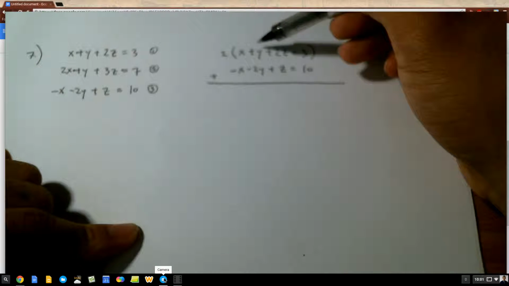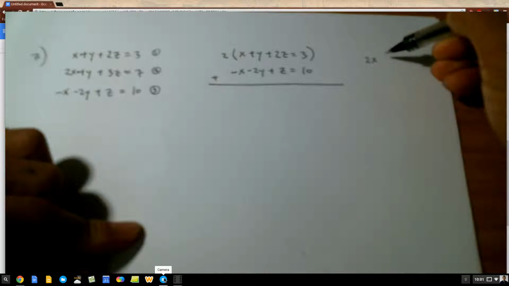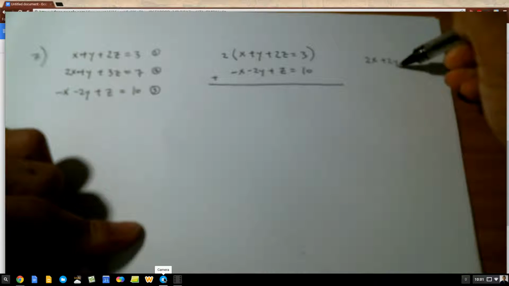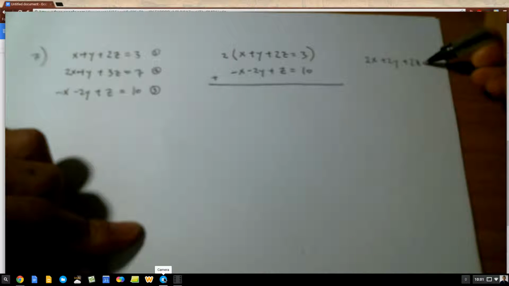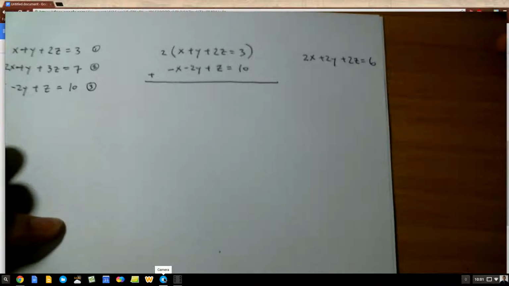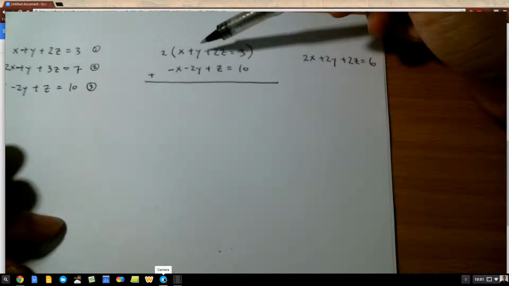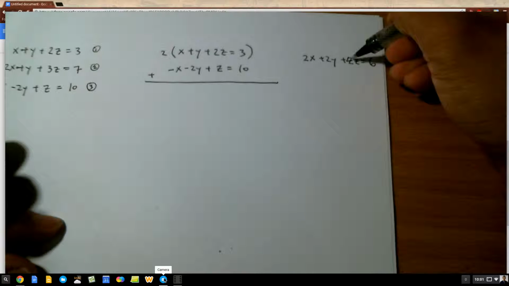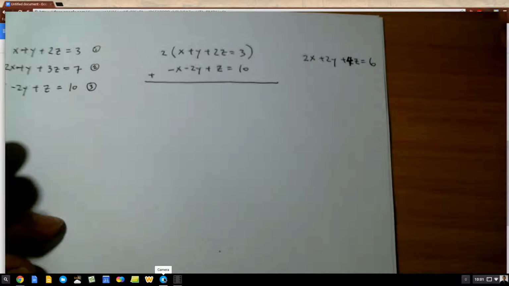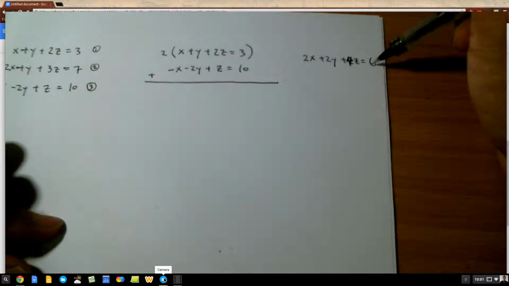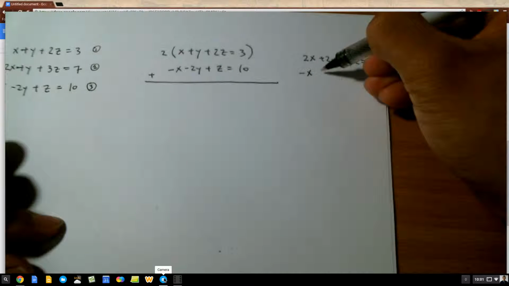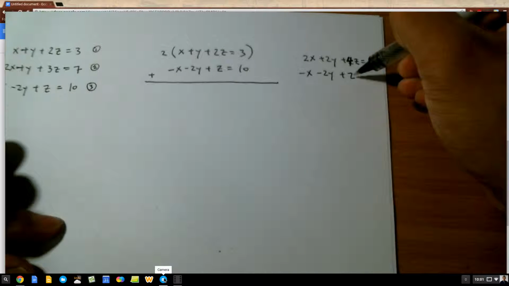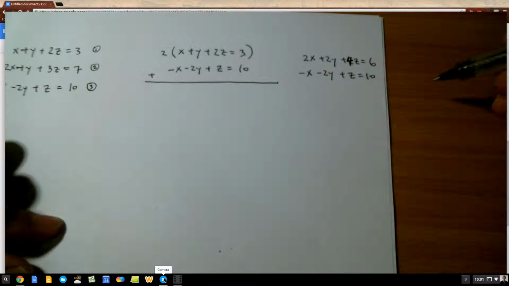Then what I get is 2x plus 2y plus 4z is equal to 6. And the bottom one, I just simply rewrite it: negative 2y plus z is equal to 10.